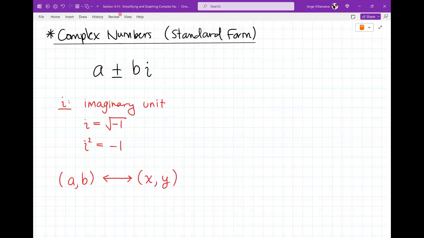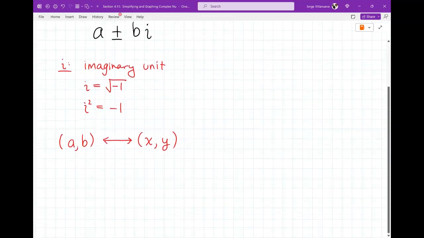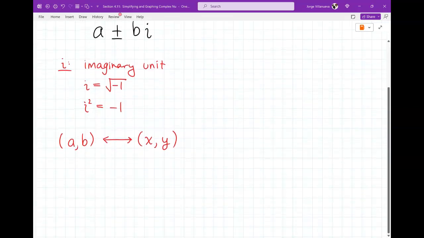So A plus or minus BI, the plus or minus pertains to the B value. Okay, so maybe it's A plus B or maybe it's A minus B. But the B value gets the positive or negative sign. Sometimes the A value will have one as well, but most of the time in standard form it's just the B value. So you're just going to basically write your A plus or minus BI as A comma B, and then that basically is supposed to be your point XY. Right? And again, we'll see more of that when we get to the graphing part.